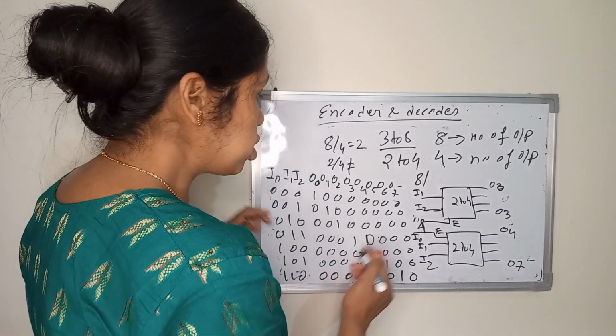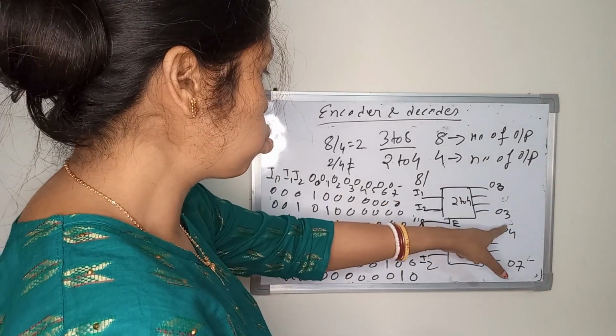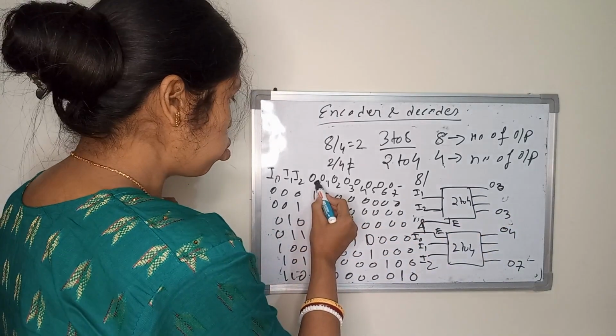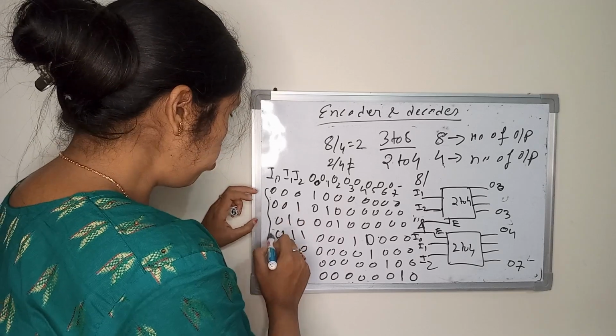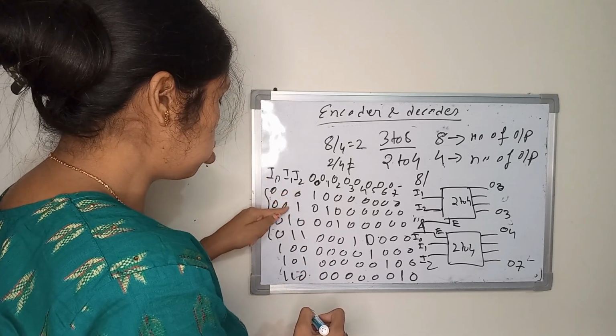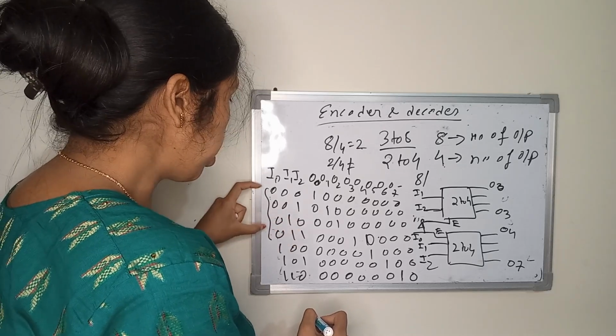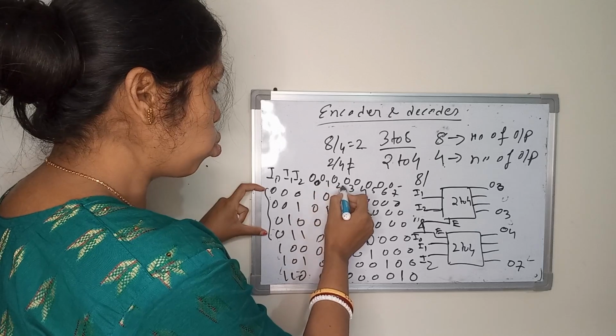When we see the first decoder, if you want to select O0 to O3, the first 4 will be followed. If I0 is 0, with I1 I2 as 0 0, 0 1, 1 0, 1 1, you are getting O0, O1, O2, O3.